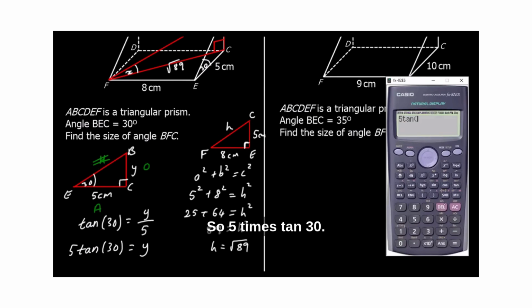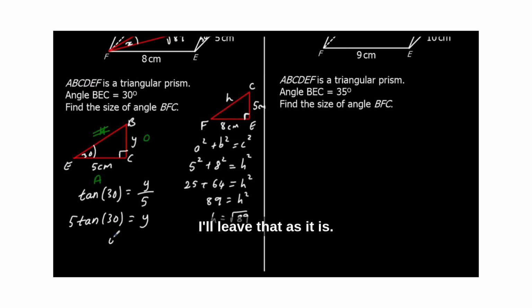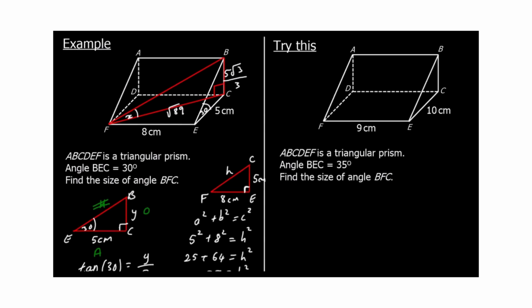So 5 times tan 30 is equal to 5 root 3 over 3. I'll leave that as it is. So that's B to C. Now we have enough information to find our angle. So we've got our right angle triangle BCF.